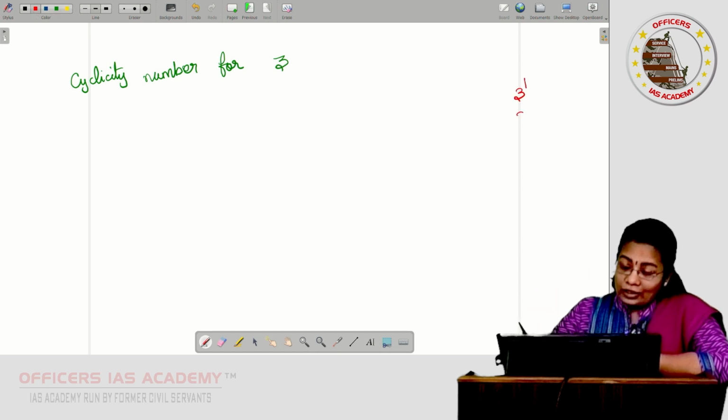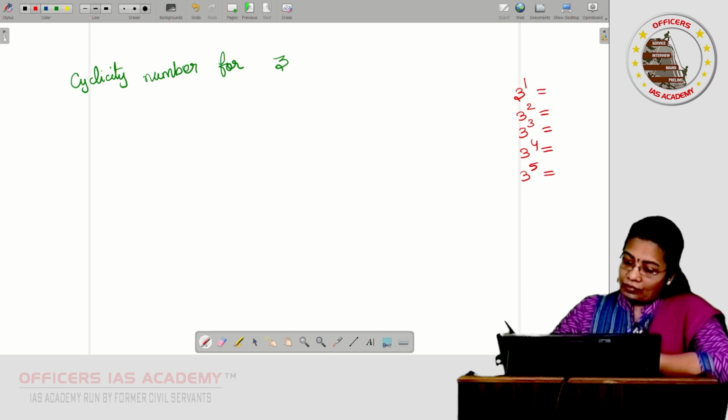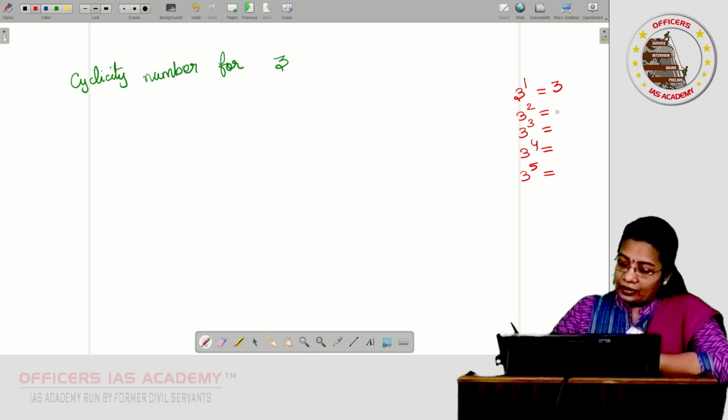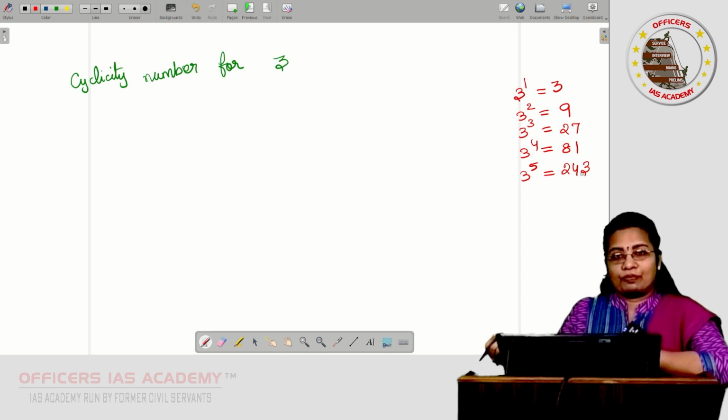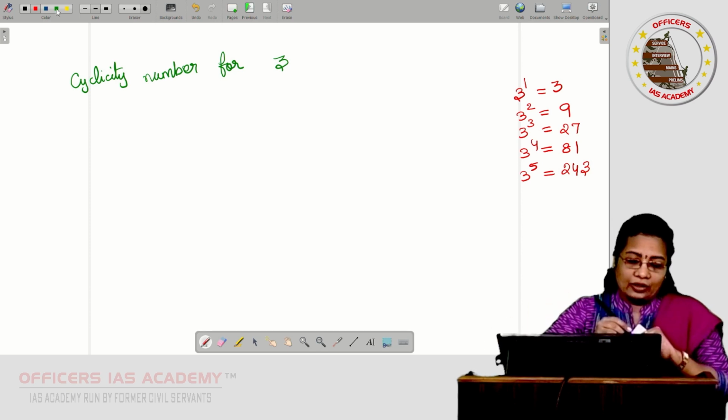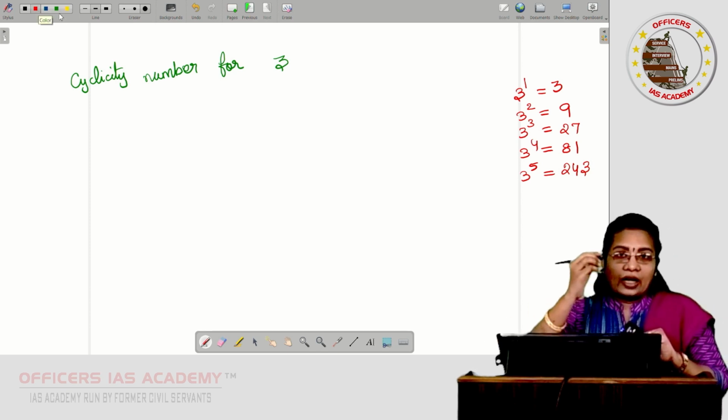Just write all the powers of 3 up to 5. It's enough. 3 power 1, 3, 3 square, 9, 3 cube, 27, 3 power 4, 81, 3 power 5. If you multiply 81 with 3, you will get 243. This is just for your reference. So, what is the idea here?